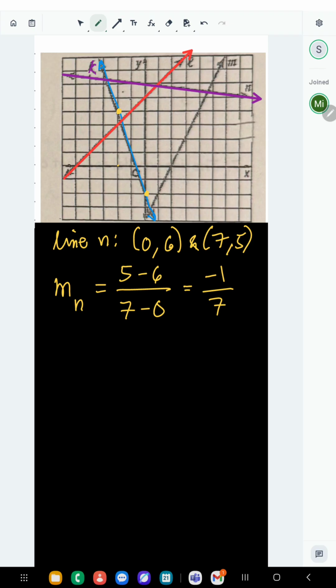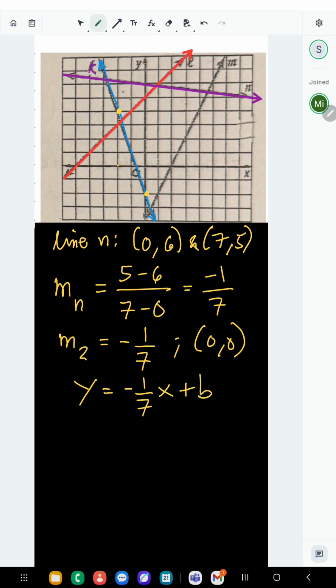And we need to find another line parallel to line N. So that means the slope of the second line is also negative 1 over 7. And we're given the point (0, 0). So our equation is y equals negative 1 over 7 x plus b. But the point is (0, 0).